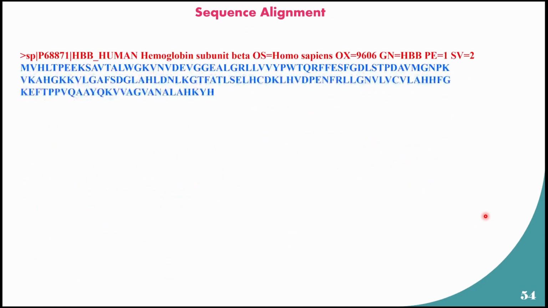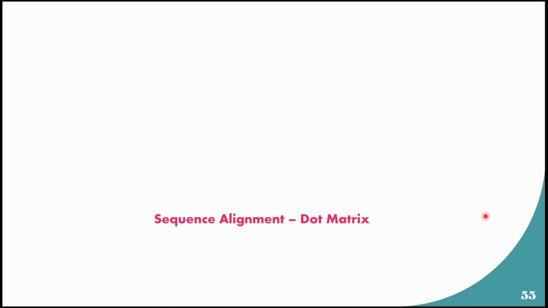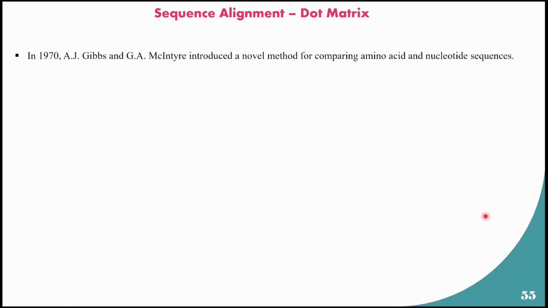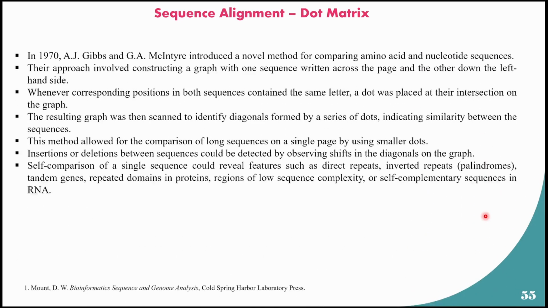And now for sequence alignment, the very simple visualization tool or plot that we went over, that was called a dot matrix. Okay. Now, dot matrix, of course, was introduced in 1970. So the approach is basically construction of a graph where you have on, let's say, the x and y axis, or it could be, for example, across the page, another down to the left hand side.